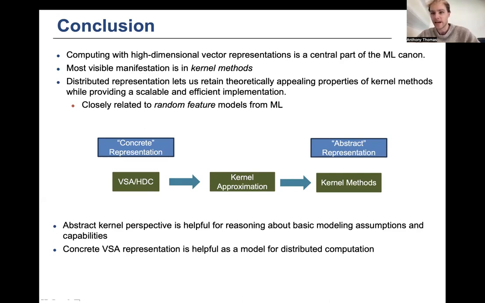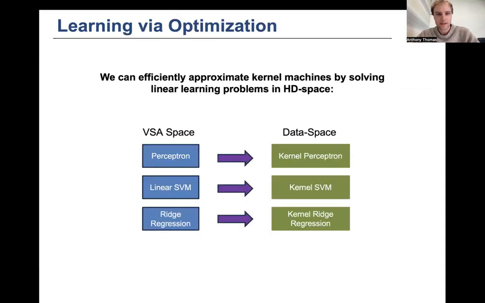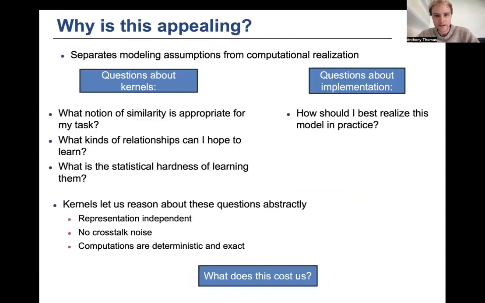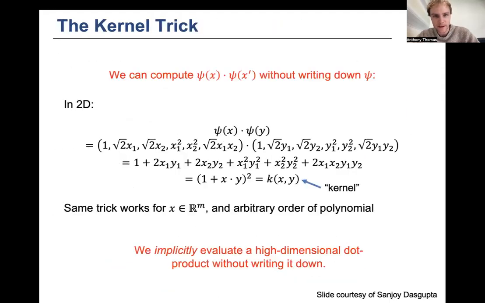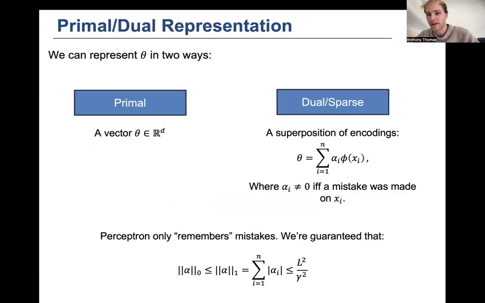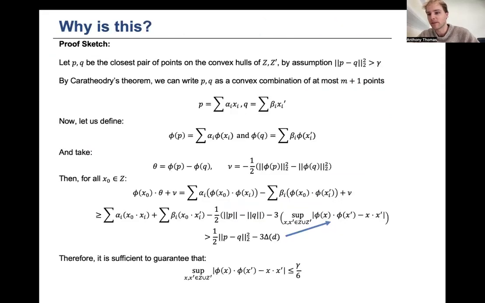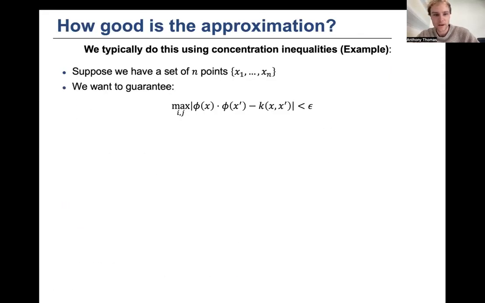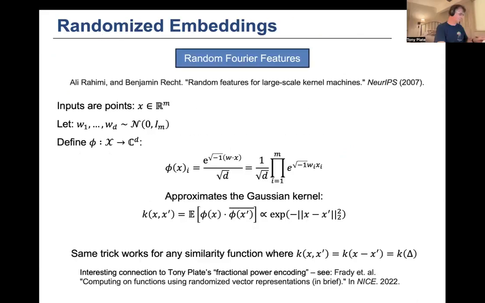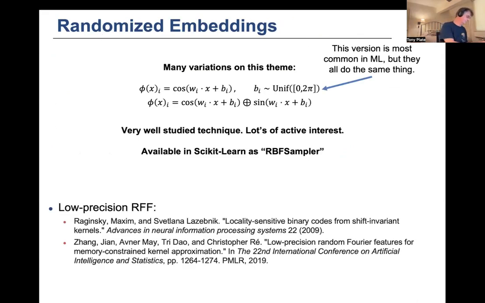So the answer is yes. In particular, in the literature on random Fourier features, there's been a lot of work thinking about how to come up with low precision or quantized versions of random Fourier features. I've suggested a couple of papers here that I think would be good places to start.